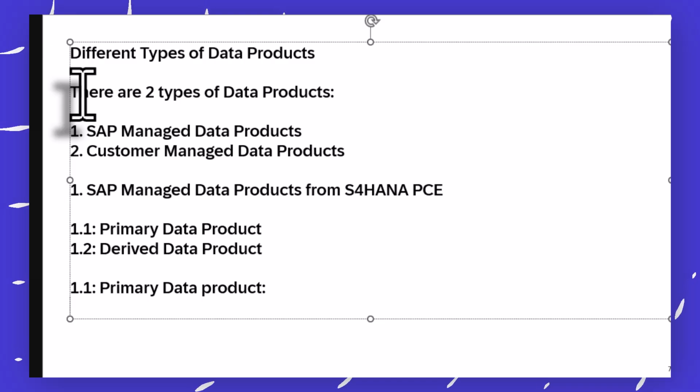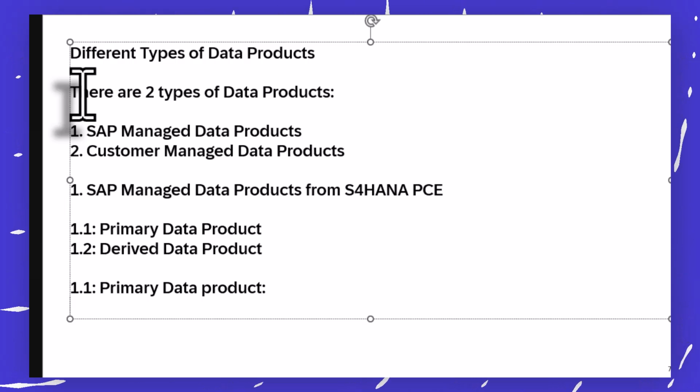And then how can you consume these things? They create an API endpoint on top of this data product, so the customer can consume it via API endpoints.